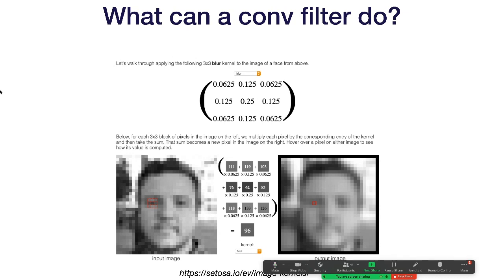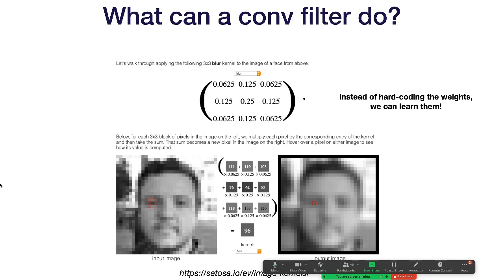If you carefully select the weights that go into that convolution operation, so the values of each of those weights, then you can produce effects like blurring an image. So this is a convolution that applies a blur operation. And there's a link here to other types of image kernels that you can take a look at if you want to build some intuition about what types of things these convolution operations can do.